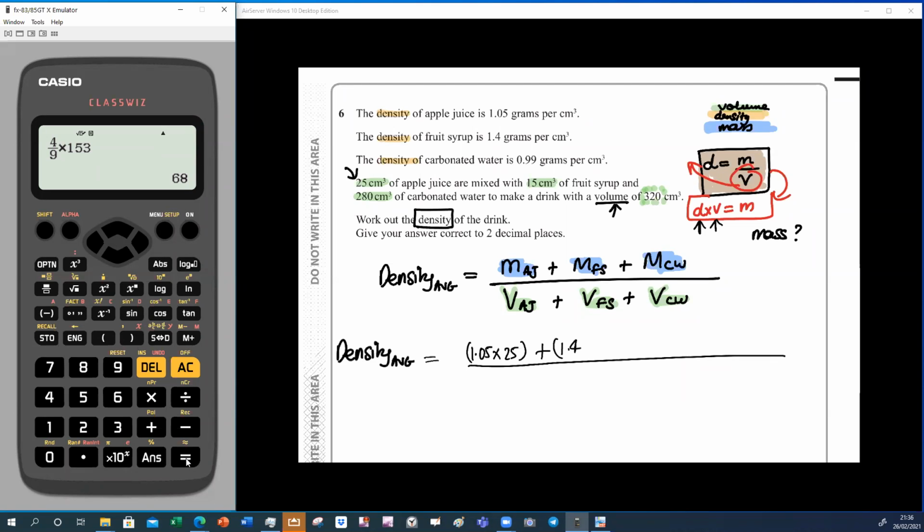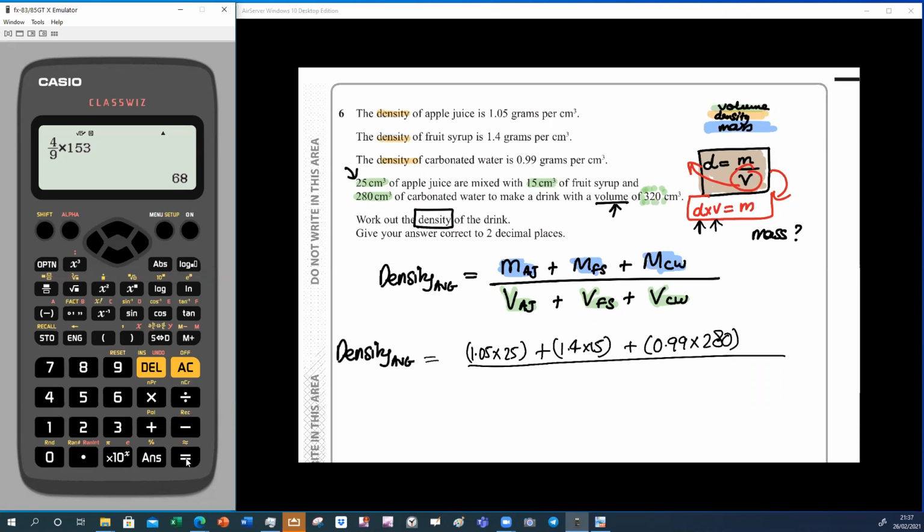And the volume of it? 15. So we put it all in the calculator, rather than looking at them as separate, because it's quite straightforward. It's not multi-step. What's the density of the carbonated water? 0.99 grams and 280. 280 is the volume, yeah?